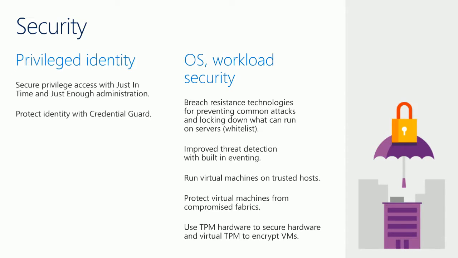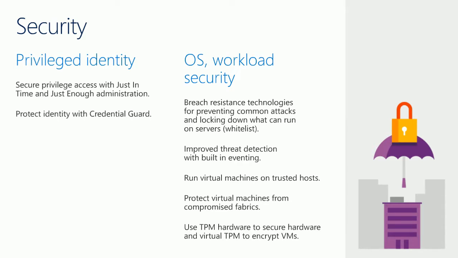So you can protect your admin credentials from pass-the-hash attacks, for example, using Credential Guard, and control administrator privileges with just-in-time administration and just-enough administration, which together help minimize the time and capability granted for specific privileges.